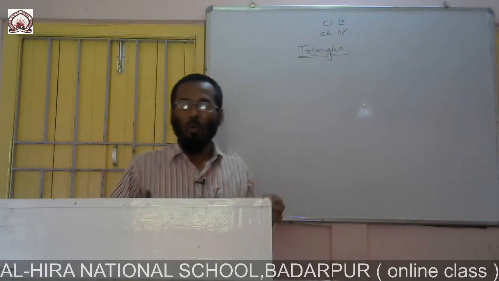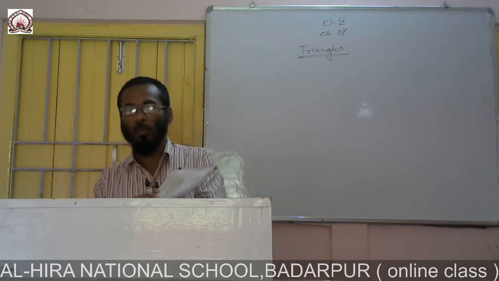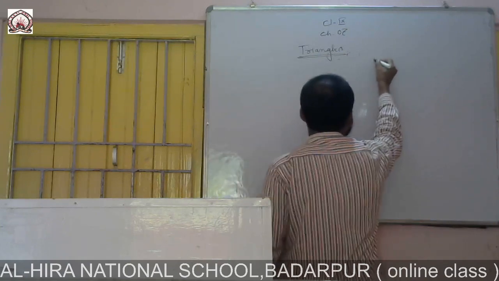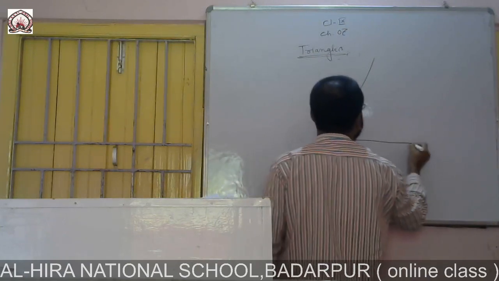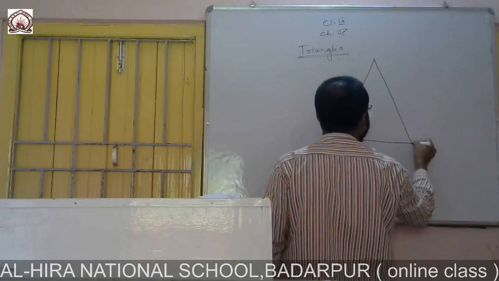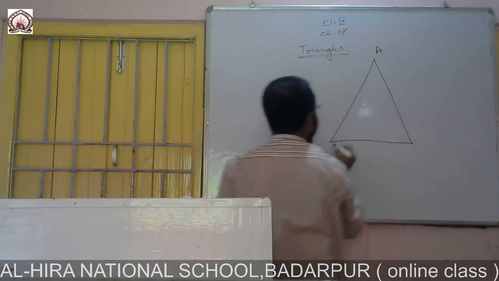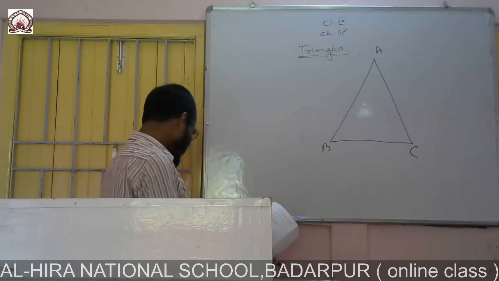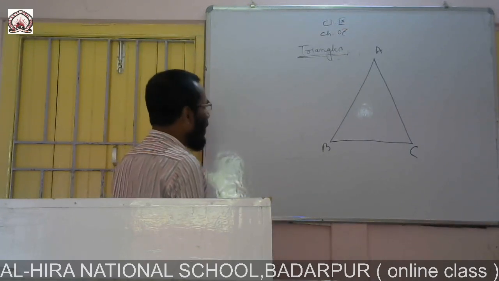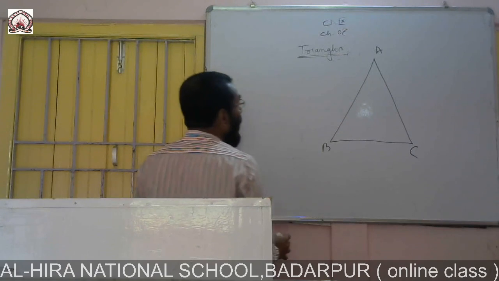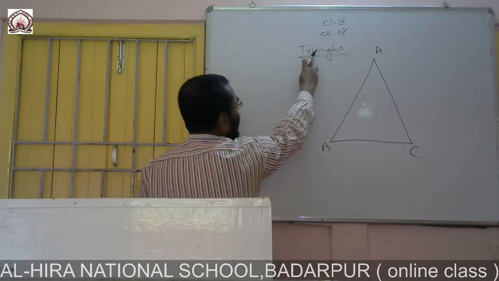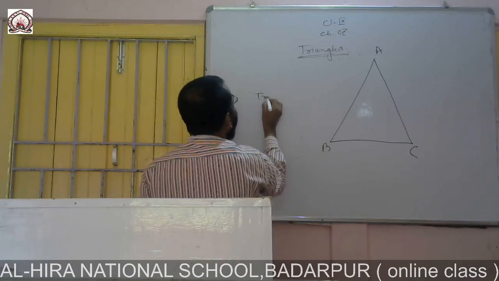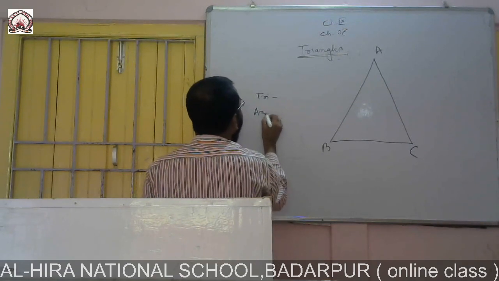First of all, we should know what a triangle is. Suppose this one is a triangle. By naming it, it is A, B, C. In the word triangle, tri means 3, and angles.